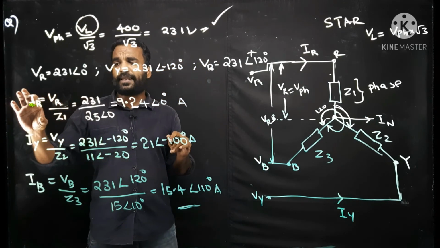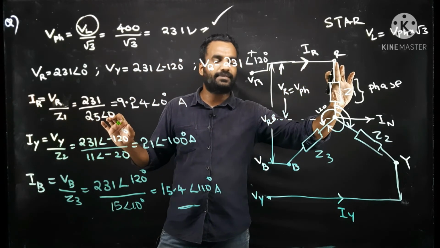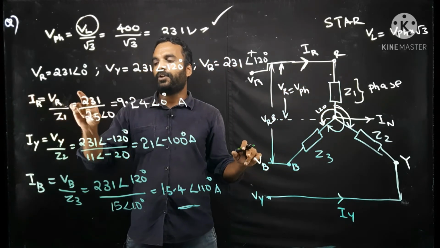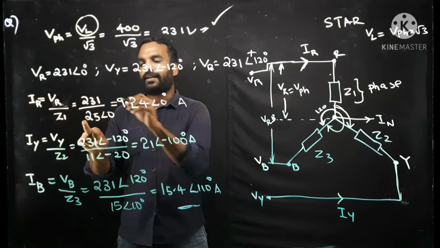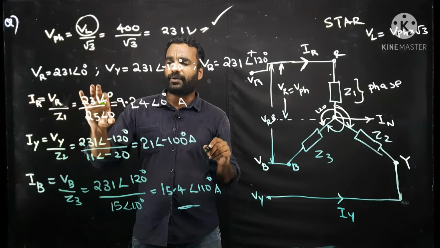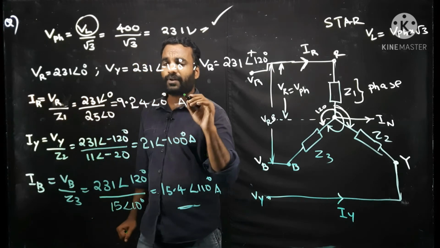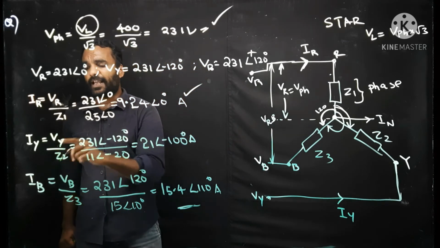So now calculating IR. IR is equal to this current, that is VR by this impedance Z1. 231 angle 0 by 25 angle 0. You can calculate this in complex mode in the calculator, and the answer will be 9.24 angle 0 degrees. Next IY.